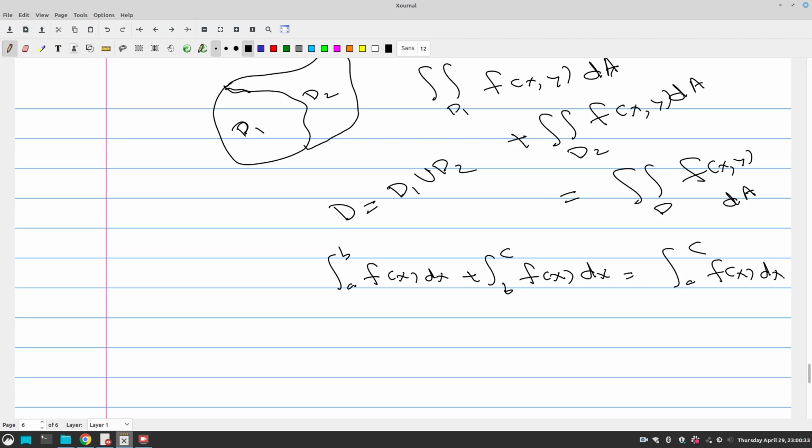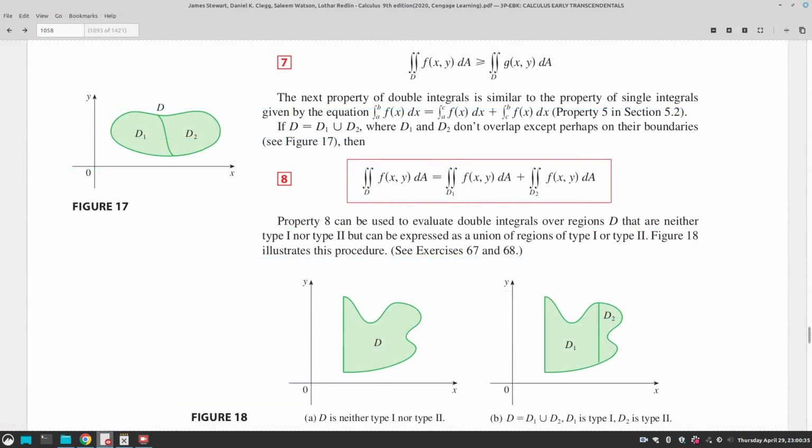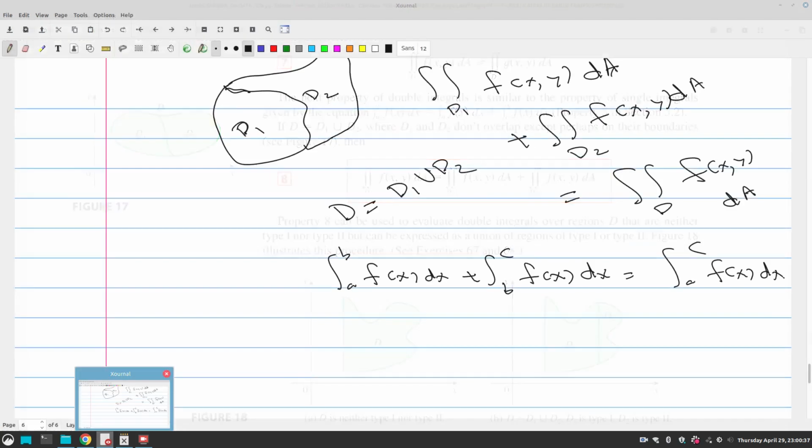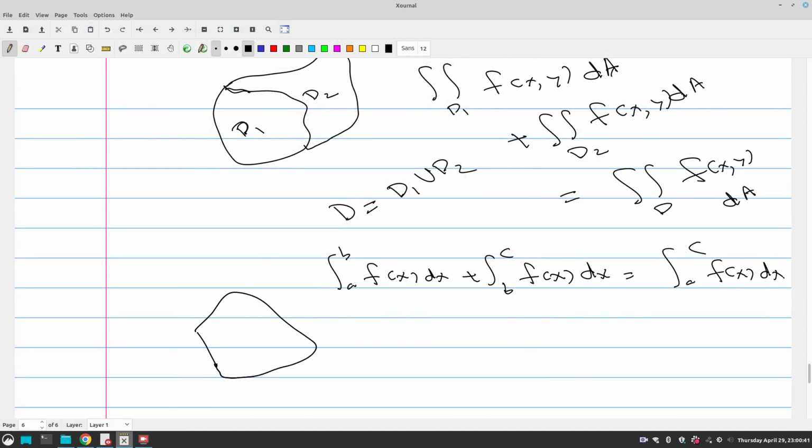Right? Okay, and if you integrate a number over an area D, let k be a constant, right?